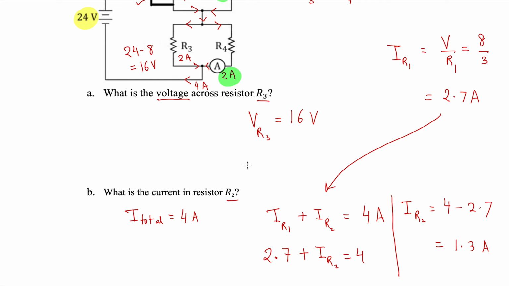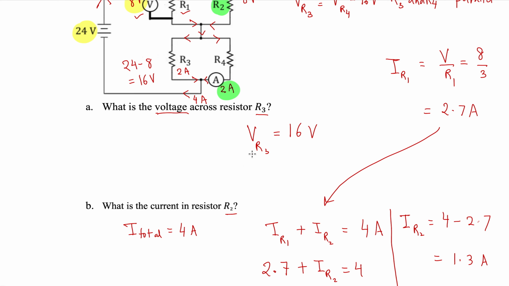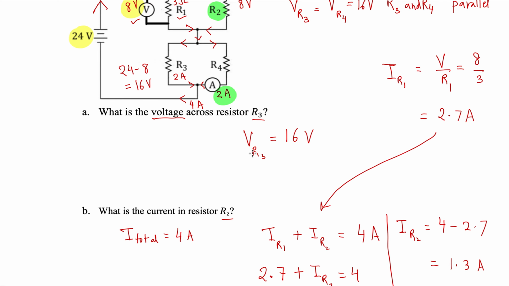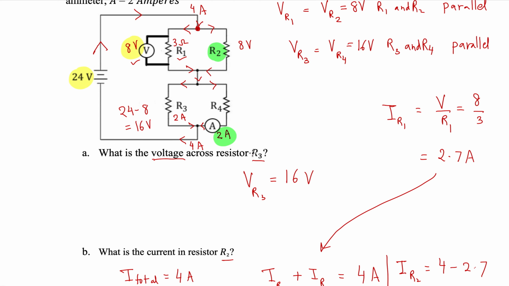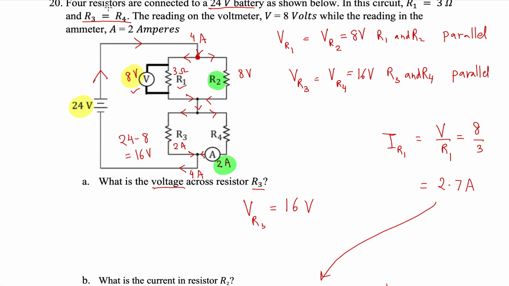So this has lots of steps. We are applying Kirchhoff's current rule, the junction rule, to know that the total current is the sum of the currents in each branch. What did we do here? We figured out the current in R3, because R3 and R4 are equal to each other, so their currents will be the same.